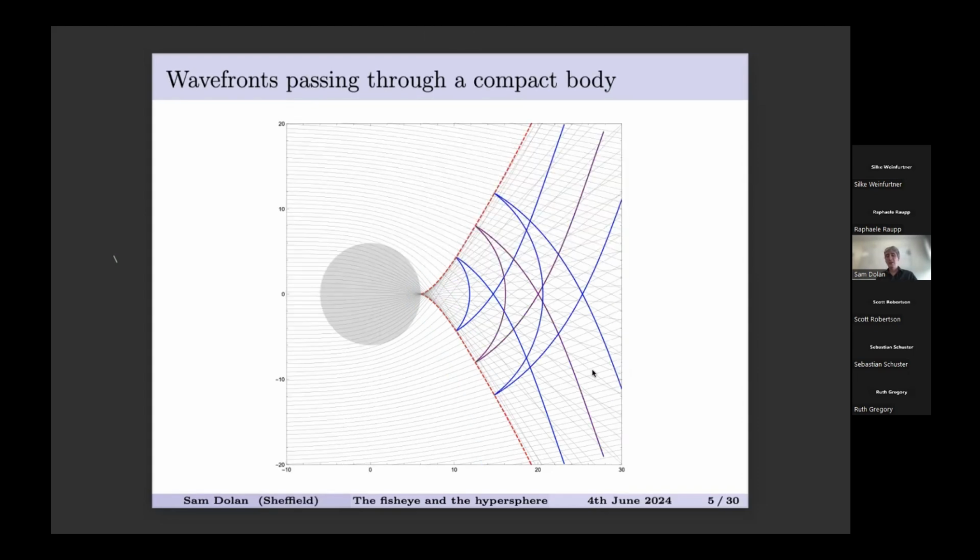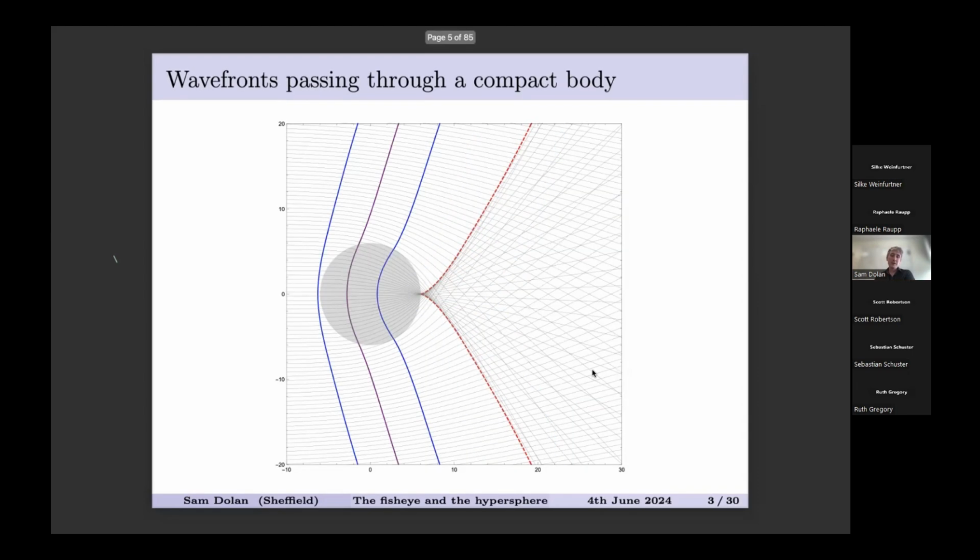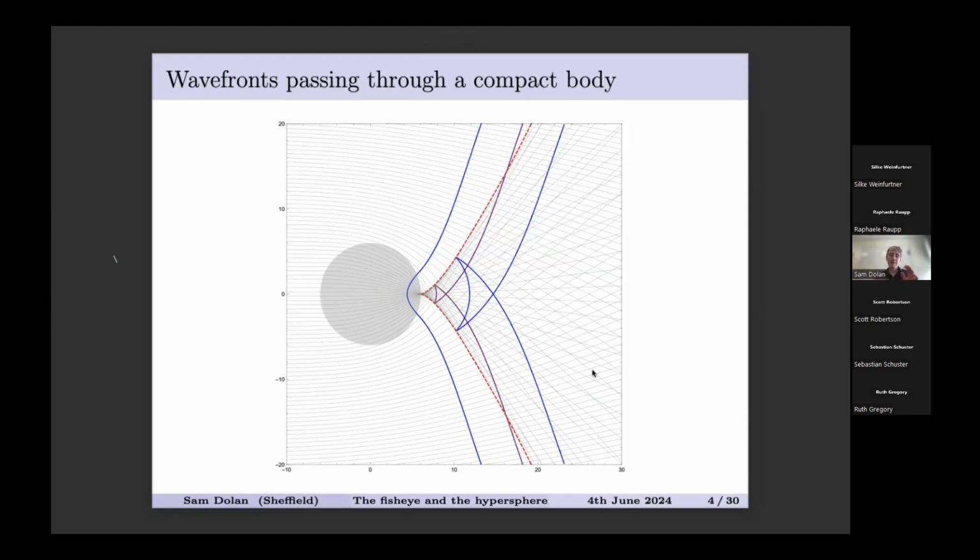Okay, so now we've turned basically one wavefront into something with a more interesting structure. So if we were waiting downstream, we could now in principle see the same wavefront 3 times passing by us.